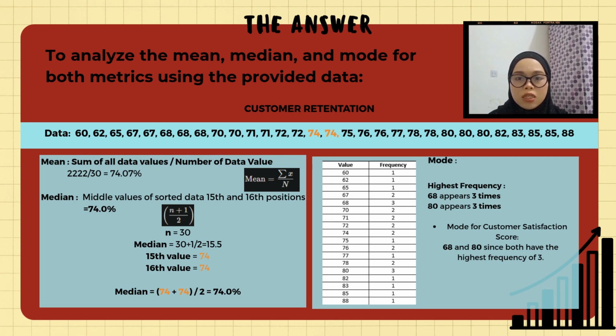To find the median, add 74 plus 74 and divide by 2, which gives 74.0%. For the mode, we look at the highest frequency. The numbers 68 and 80 appear 3 times each, so the mode for customer retention is 68 and 80.